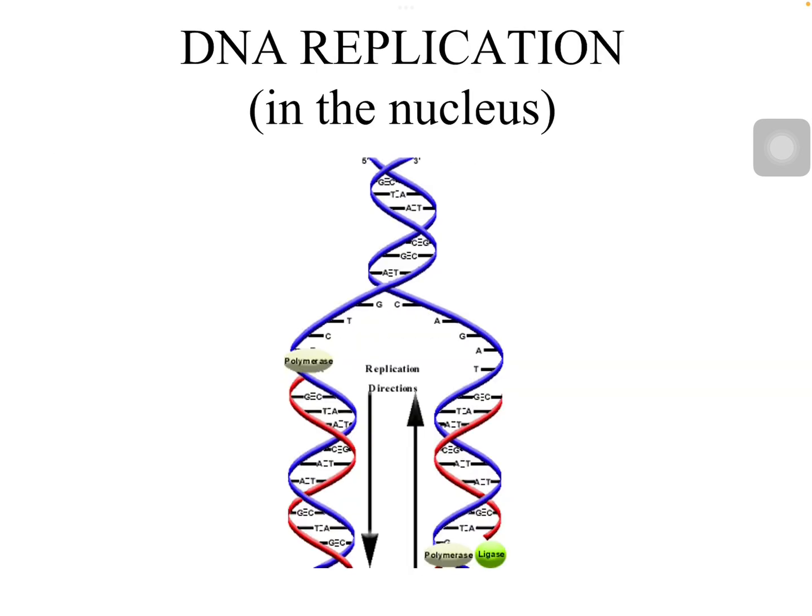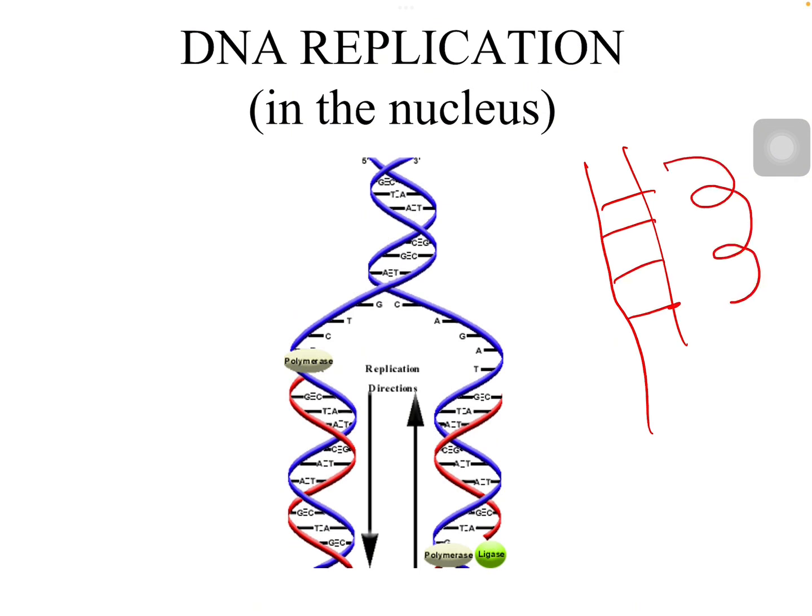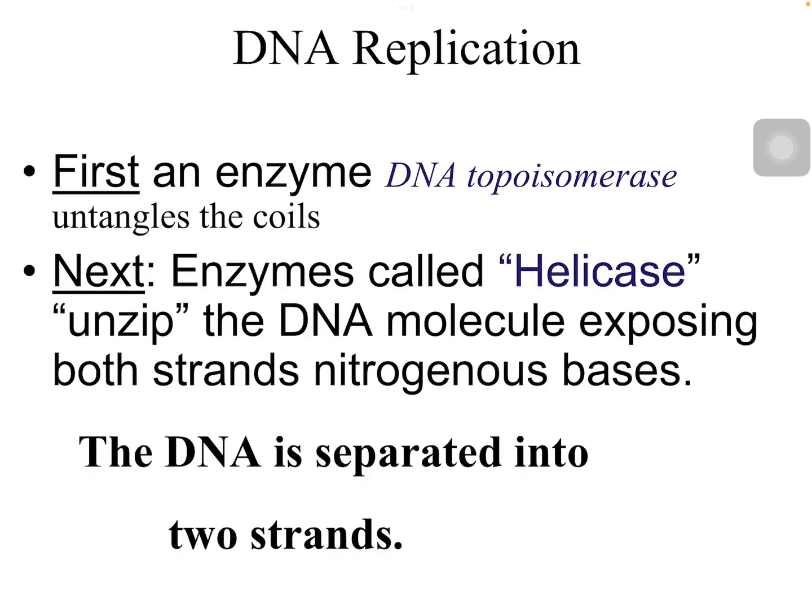Because, remember, our DNA is a double helix. It is not just a normal straight double strand, it is actually twisted, it coils around. So, the purpose of this enzyme is to untangle the coil. So, DNA topoisomerase.